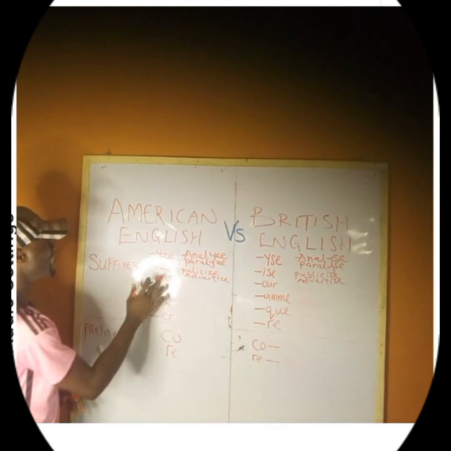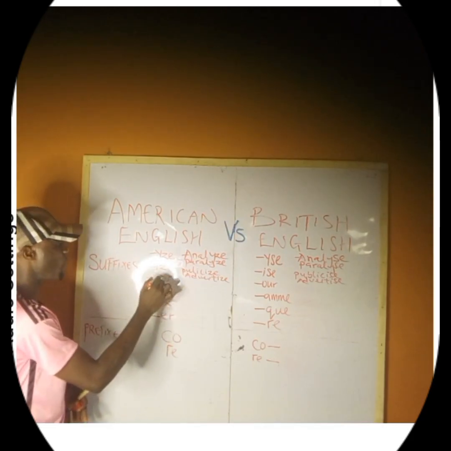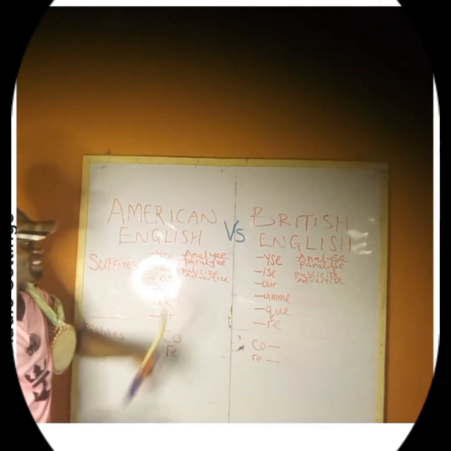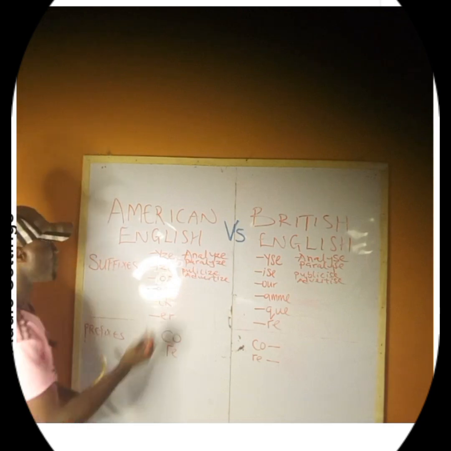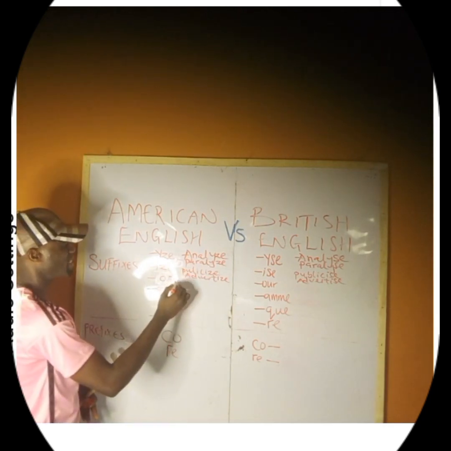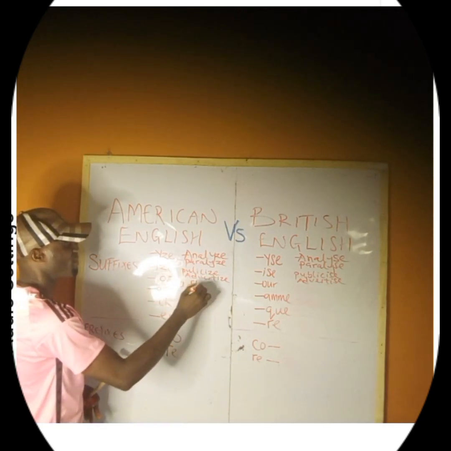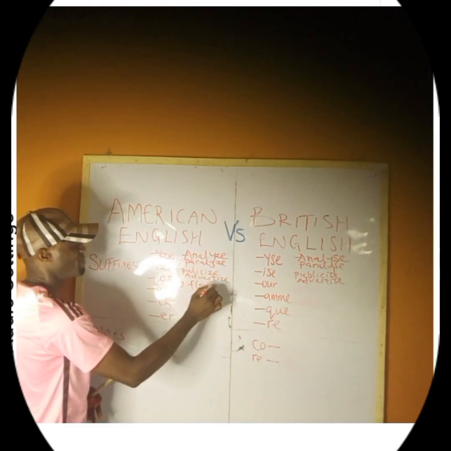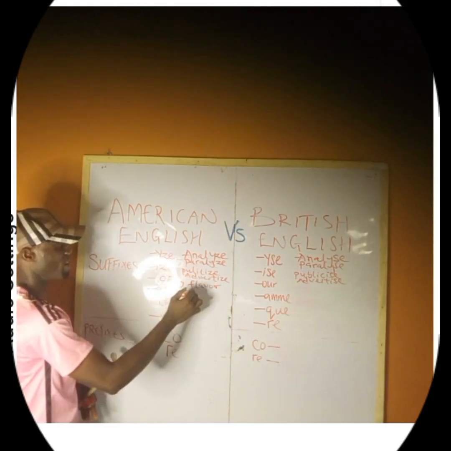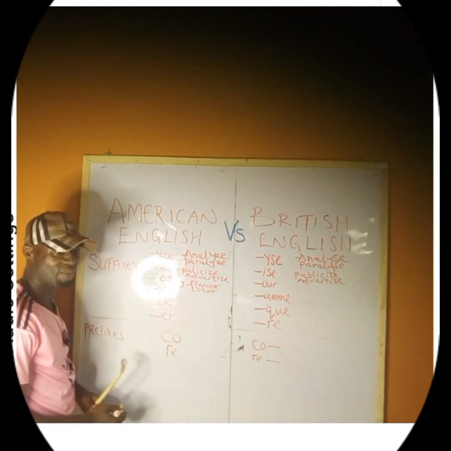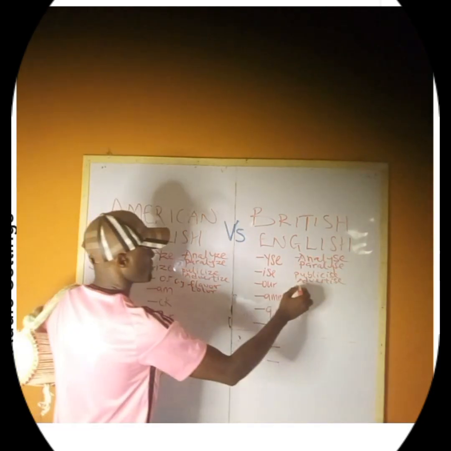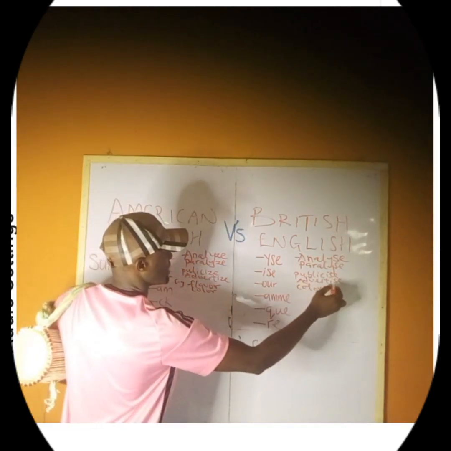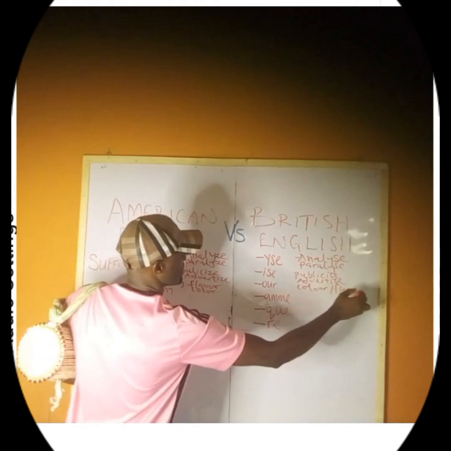Sorry, in American English, that is OR, not OUR. It is OUR in British English. You could have words like flavor, color, and here you have colour, flavour. You see that?